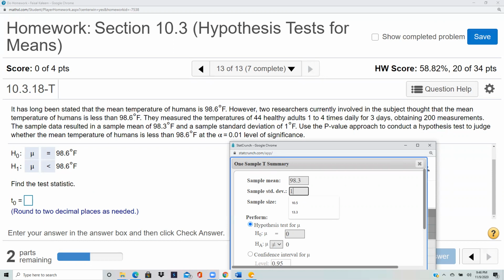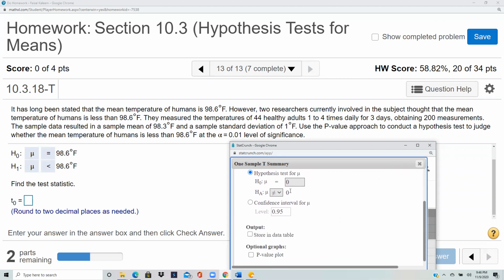It doesn't matter how many people they come from. So 200 measurements. Okay, 1. And we are testing equals to 98.6 and less than 98.6.